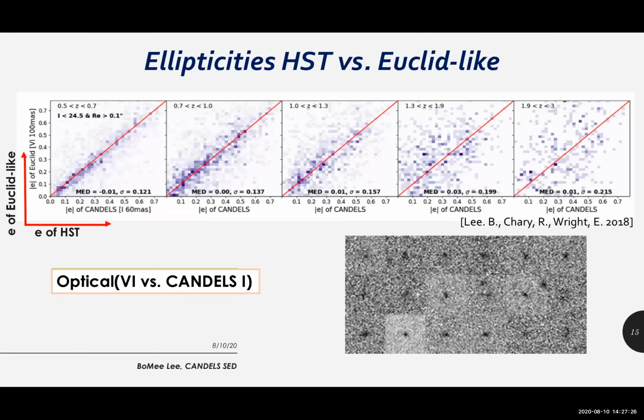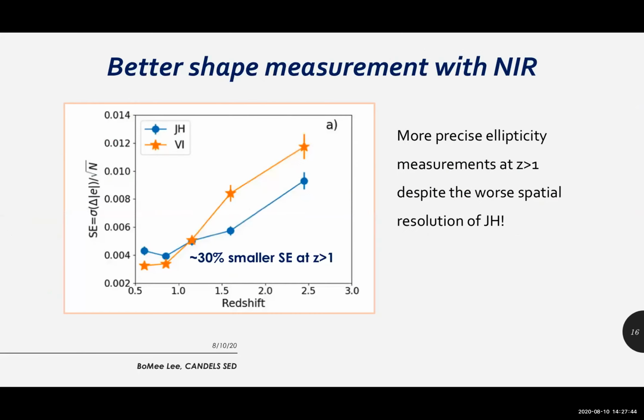By doing that, we find that despite the worse spatial resolution and worse spatial sampling of the near-IR bands compared to the optical, the near-IR wavelengths provide similar performance in measuring ellipticities of individual galaxies at these redshift ranges. Also, at redshift greater than 1, the near-IR selected source density is higher by a factor of 1.4 than in the optical.